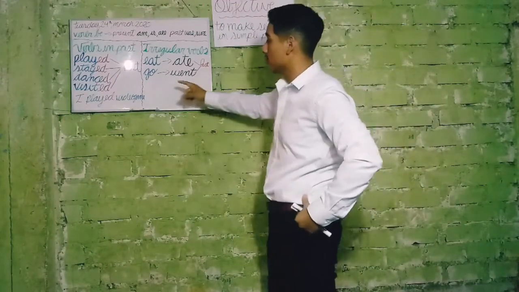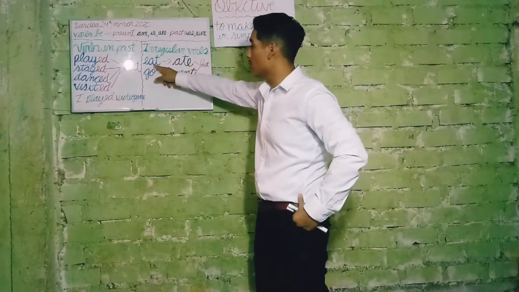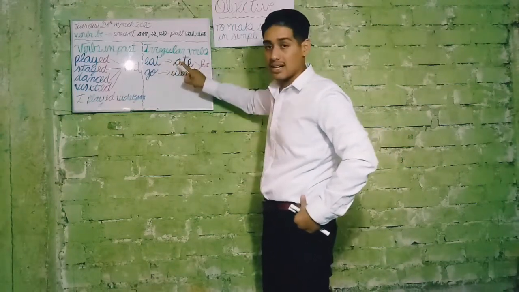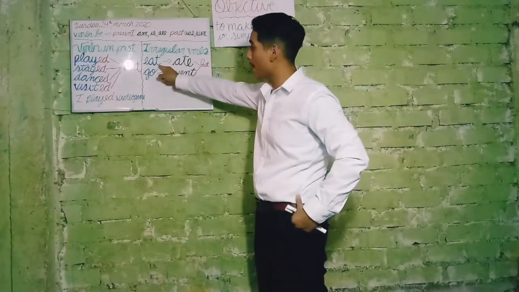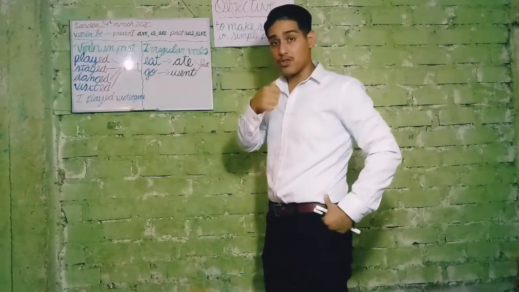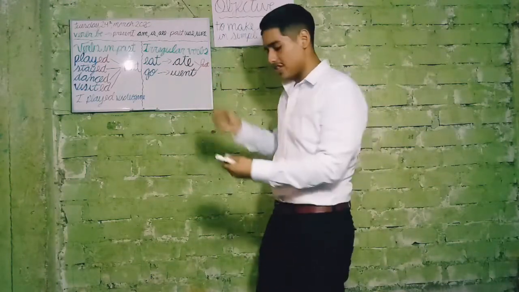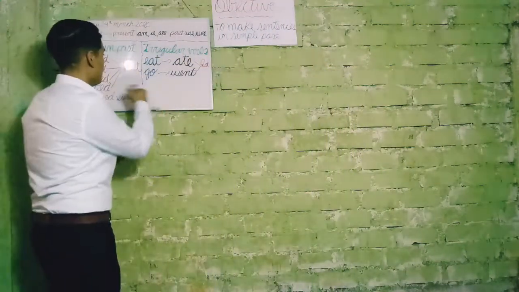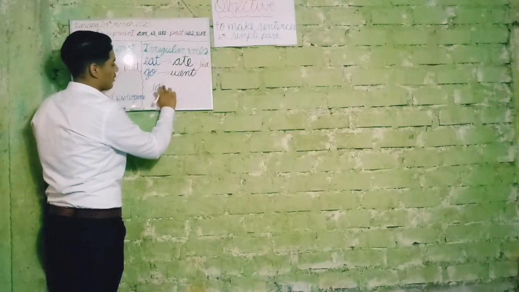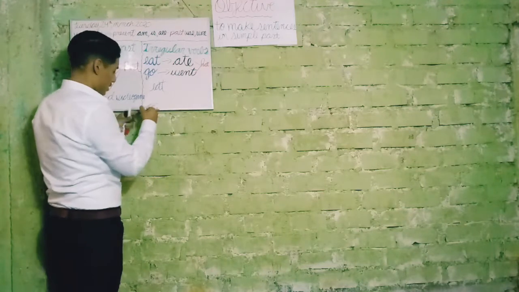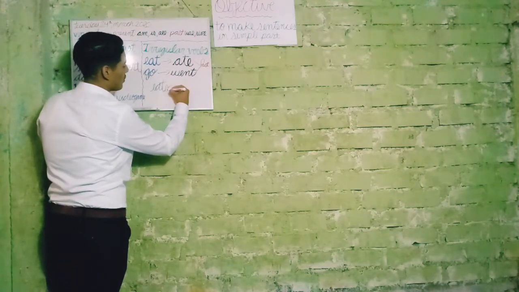For example, these are verbs where we don't put ed at the end. They are different. For example, the verb eat, you know the action eat, but in the past, it is not formed with ed. We cannot say eat with ed.